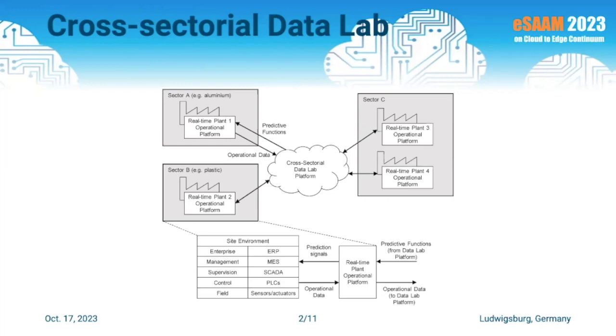On the top level, this architecture is divided into an edge operational platform, which is deployed directly on the shop floor in the particular factory, and it's integrated with all of these layers, and it's basically collecting data which are then used for the predictions using the predictive functions.